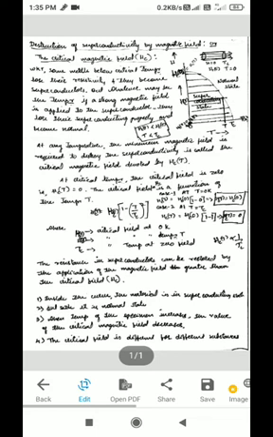Corresponding to the y-axis for 3 Kelvin, that is the critical magnetic field. If we decrease the temperature further, suppose 2 Kelvin, again a required magnetic field is needed to destroy the superconducting nature.